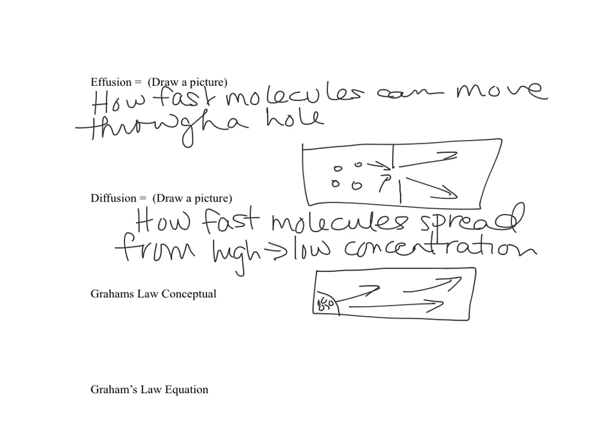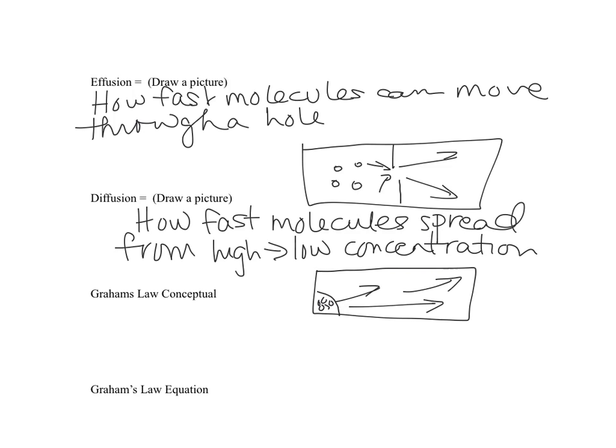So Graham's law, we're going to talk about it conceptually first, and then we'll talk about the equation, is basically related to effusion. We talked about diffusion because effusion and diffusion sound a lot alike, but they're really not. So we wanted to make sure that you understood the difference between the two.